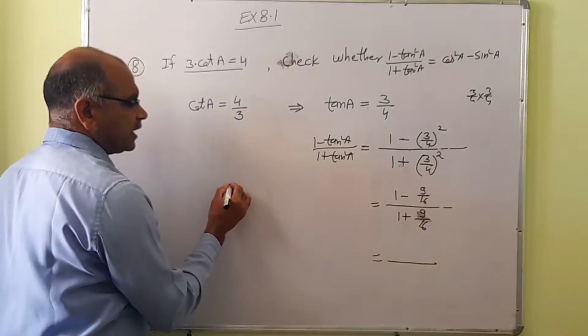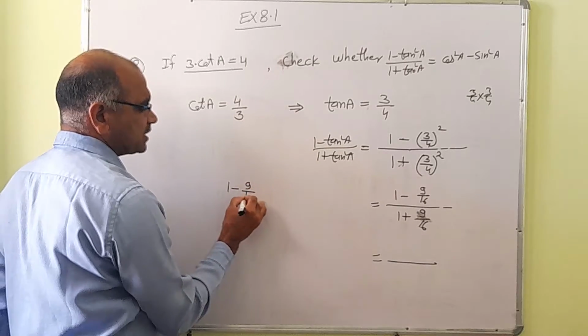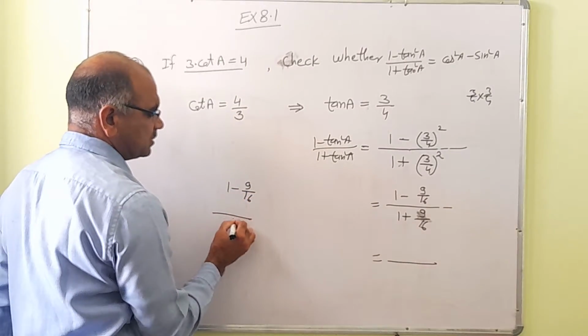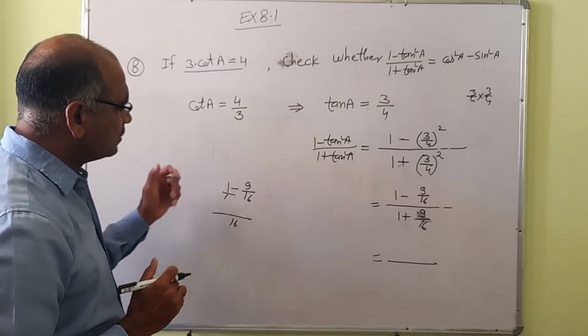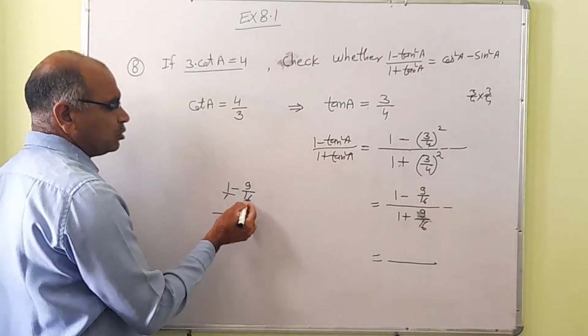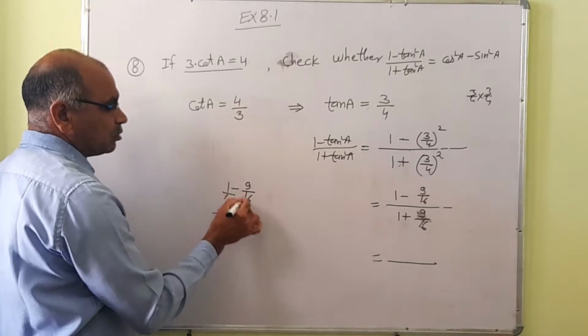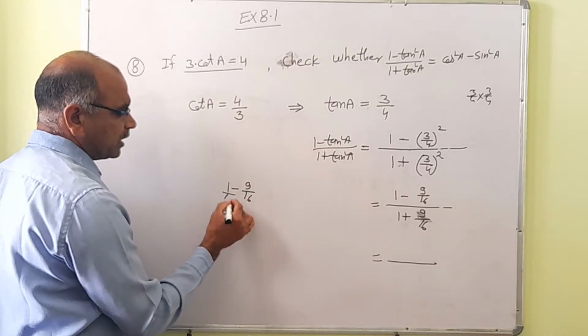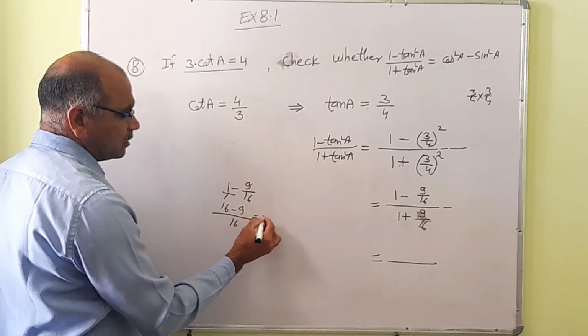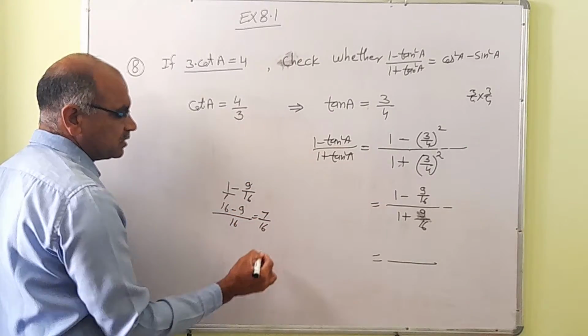You have to find here LCM, upper side LCM is 16. If two terms are given and one term is 1, then you can use simplest way to calculate them, like this, multiply them and multiply it. You will get 7 upon 16.